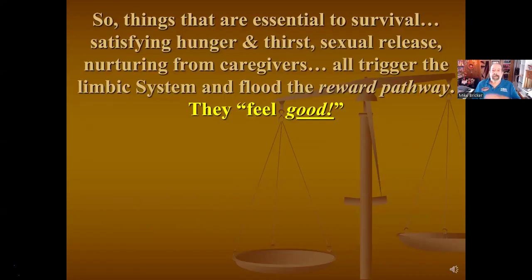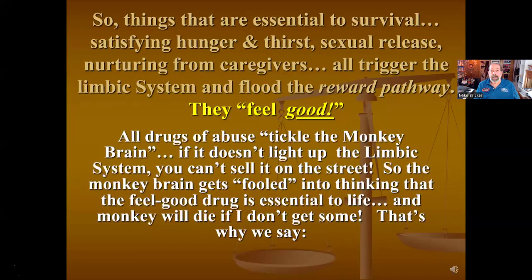So these things that are essential to survival, satisfying hunger and thirst, sexual release, nurturing, connection with other people, connection with caregivers, all of these things trigger that limbic system and flood that reward pathway with dopamine and other feel-good chemicals. They feel good.